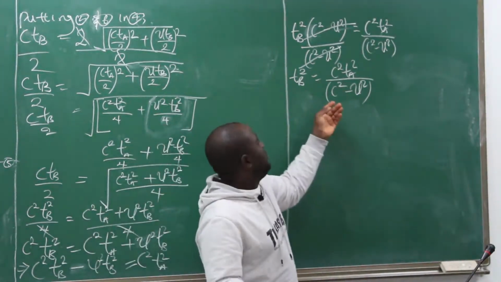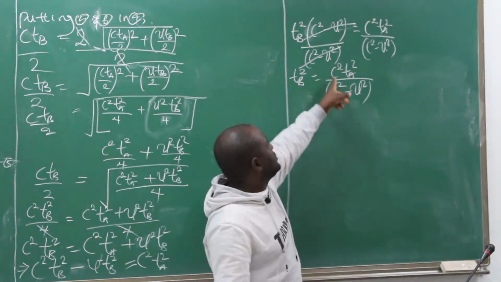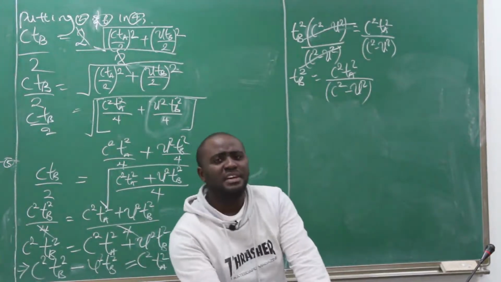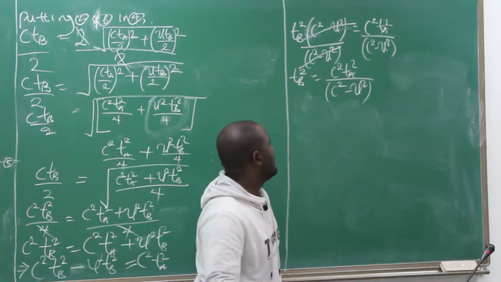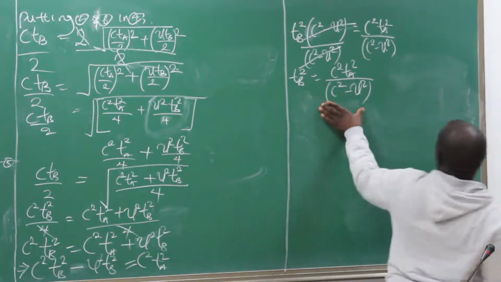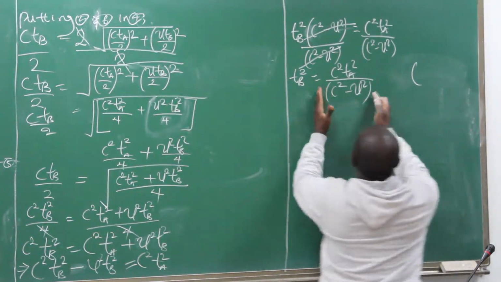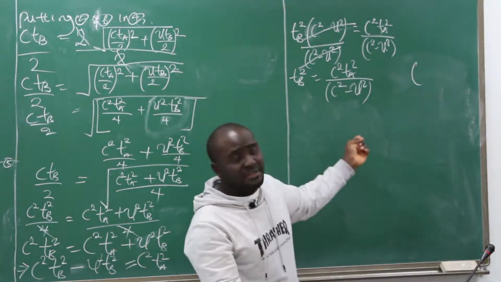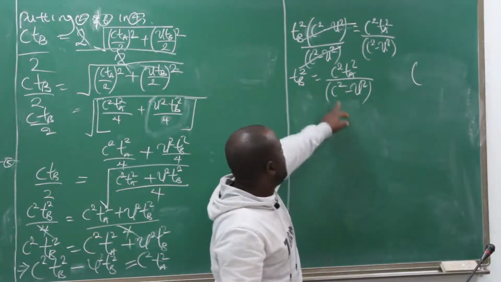Now we are going to try something very clever here. Since we have a c squared here and we also have a c squared here, we have to find a very intelligent way to remove them, as we're not very much interested in them. One way you can do that is to bring this denominator out here and represent the same thing in a way that, when you expand the bracket, you get something like this.